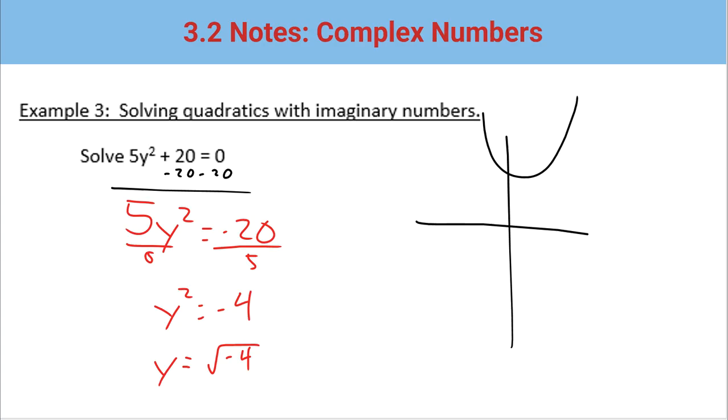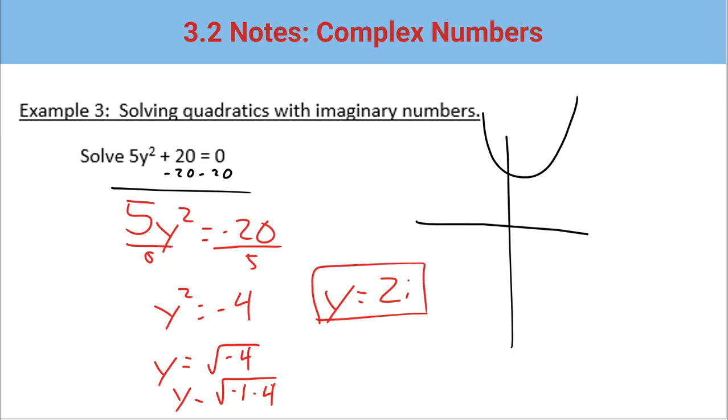I'm going to factor out the negative. y equals square root of negative 1 times 4. I know the square root of negative 1 is i, and I know the square root of 4 is 2, so I get a solution of 2i, right? It's an imaginary solution. It does not exist if I graph it in the real world.